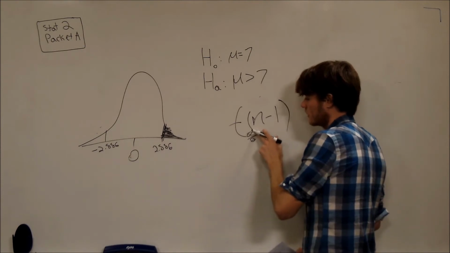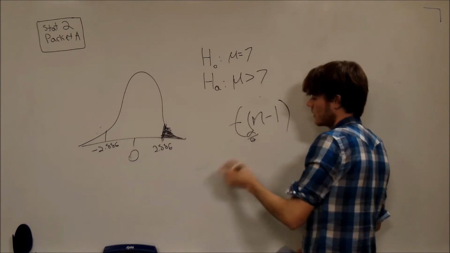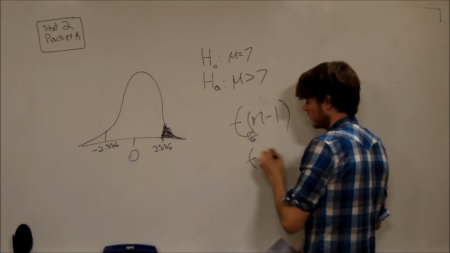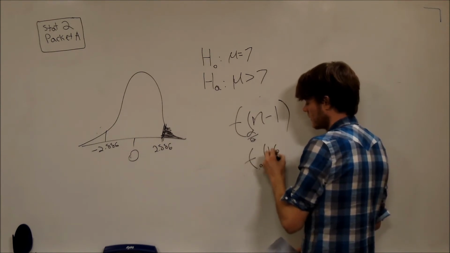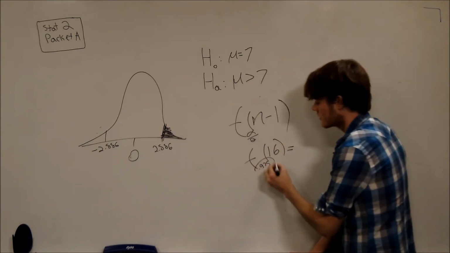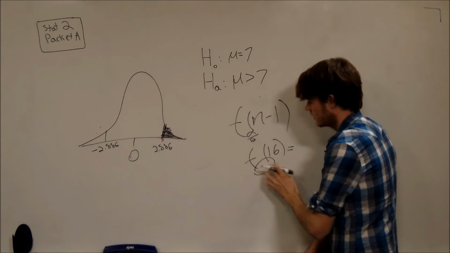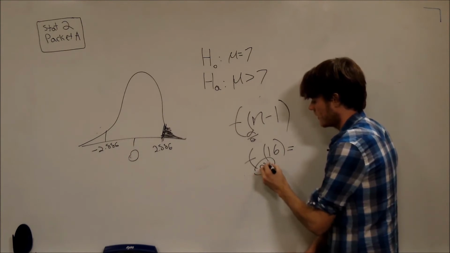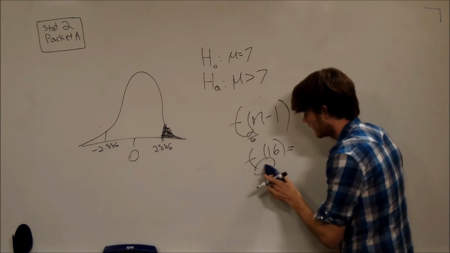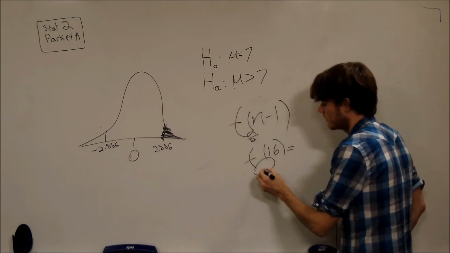Not always, but most of the time. So we want to look at t of 0.975 of 16. So this is the t, this is the right tail, 0.025. This is the right tail probability, and this is the same thing as the two tail probability of 0.05.